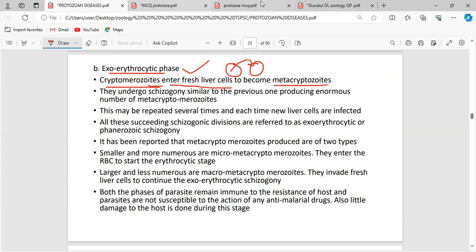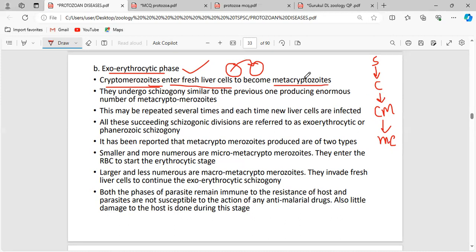See, initially it was a sporozoite. Next, it converts into the cryptozoite, which undergoes asexual reproduction called schizogony and forms the cryptomerozoites. In the fresh liver cells, the cryptomerozoites convert into metacryptozoites, which is just an enlargement of the cryptomerozoites.